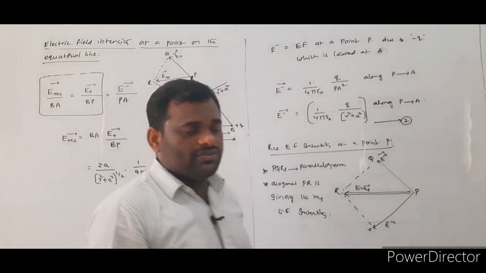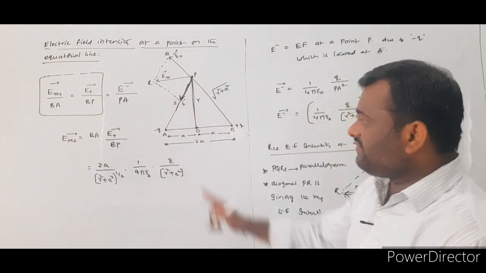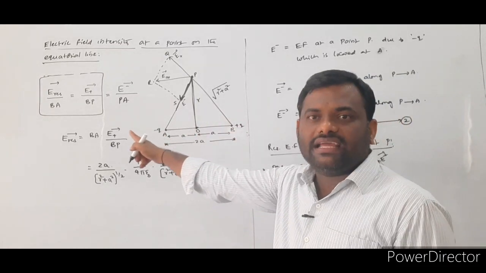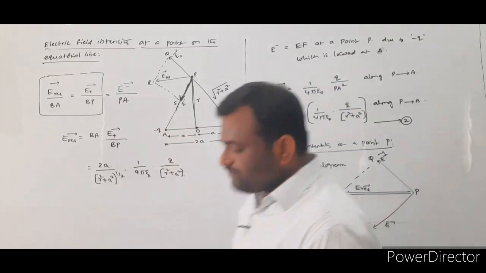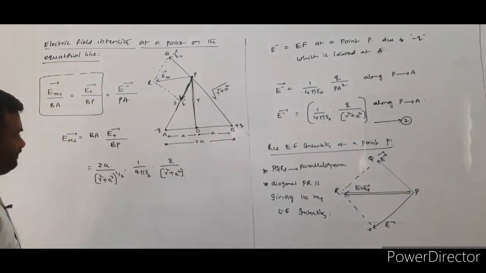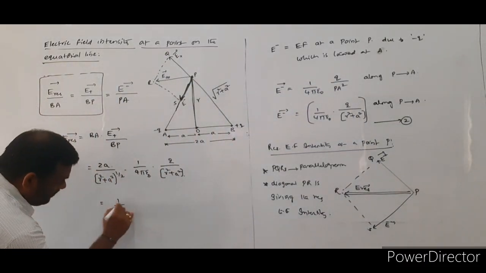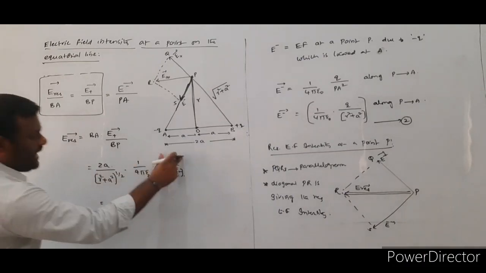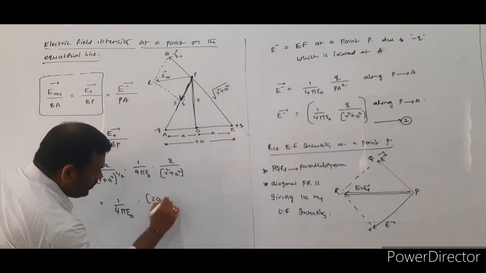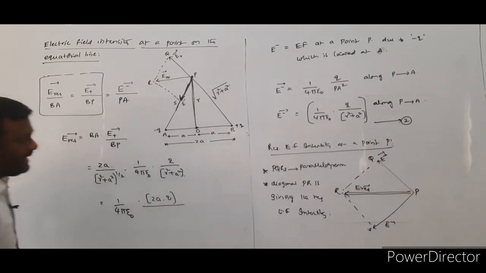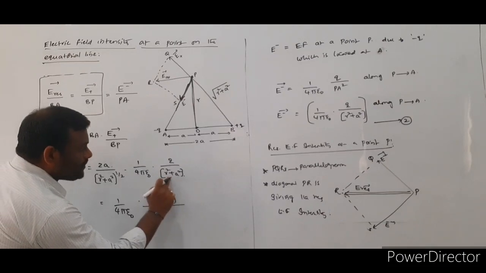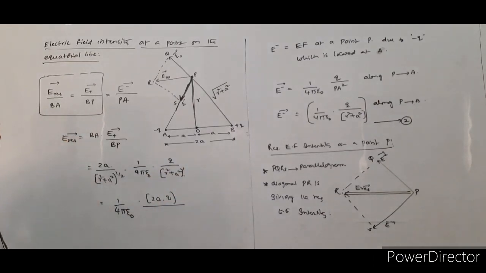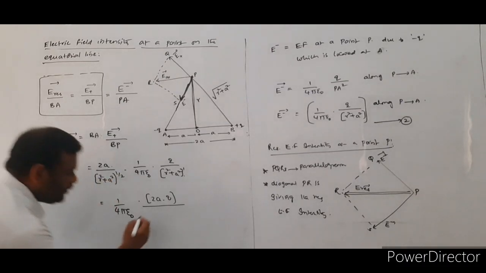Simply we write the values of B2A value and B2P value, the magnitude of the electric field intensity due to the positive charge. So here, if you simplify 1 by 4 pi epsilon naught, 2A into Q will be written as a single term, and here R square plus A square whole power 1 into R square plus A square whole power 1 by 2 will be there.